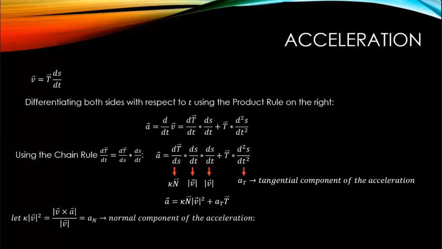Now, if I let kappa times the speed squared equal the magnitude of the cross product of the velocity and acceleration divided by the speed, this is equal to a sub N. This is the normal component of the acceleration, so that my acceleration vector can now be expressed very concisely as the normal component of the acceleration times the principal unit normal vector plus the tangential component of the acceleration times the unit tangent vector.